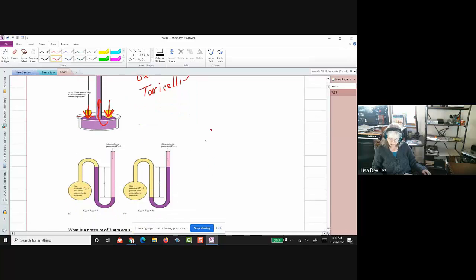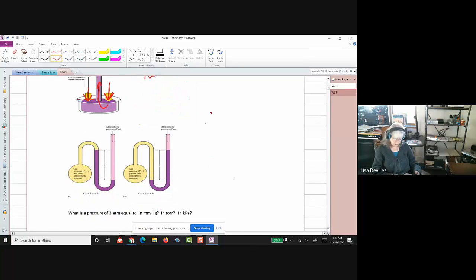Then the other type of device we'll see is called a manometer. This one is used to measure the pressure of gas that is contained. It doesn't show it, but there's usually a valve isolating the gas from the tube that has the mercury in it.